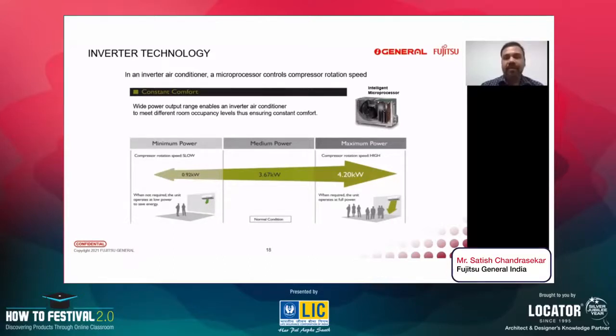So the compressor rotation speed is varied as per the load, instead of always running at full speed or off. So that is the benefit that it gives by constant comfort. All this is achieved using an intelligent microprocessor PCB. We call it the inverter PCB, which is inside the outdoor unit and controls the speed of the compressor.